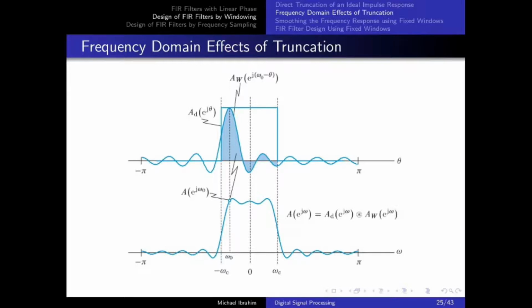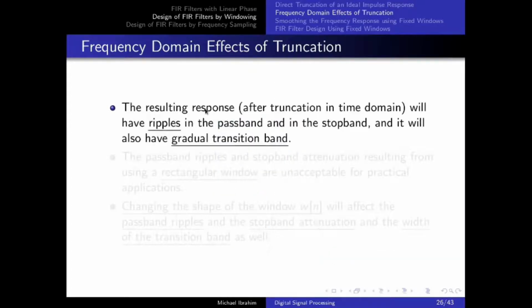So now we can understand that the choice of the window will greatly affect the ripples in the passband, the ripples in the stopband, and the transition band. The resulting response after truncation in the time domain will be the periodic convolution, with ripples in the passband and the stopband, and also a gradual transition band.